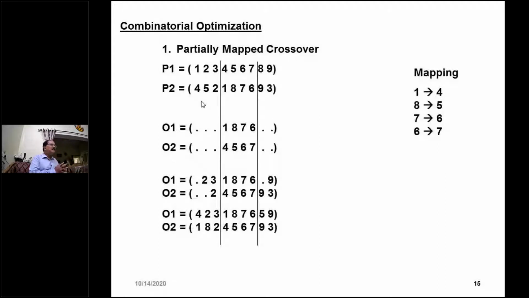As far as your objective function is continuous, or the values of decision variables x1, x2, x3 are continuous values, then you can use whatever I have suggested, the crossover, mutation, all these can be applied. But when they are in combinatorial nature, it is not to be applied.